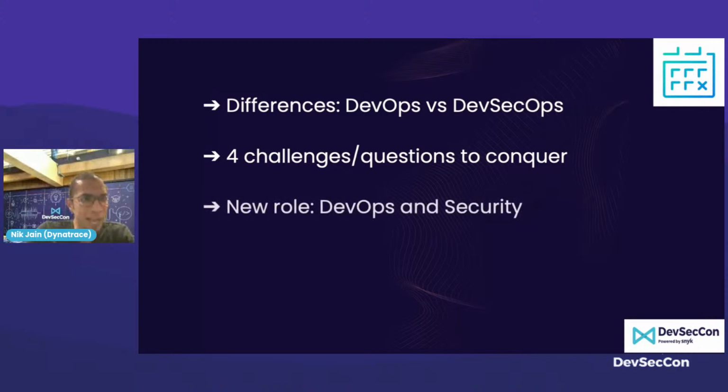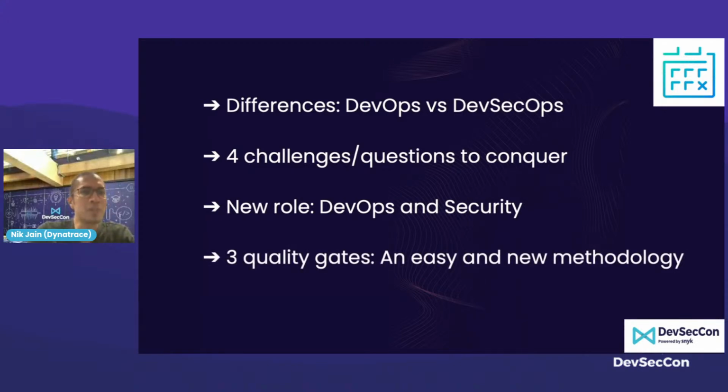We'll then talk about how those challenges result in the need for a new role for DevOps security teams and developers. And then we'll challenge ourselves with a brand new approach, which I refer to as the 3 quality gates. I like simplicity, so I think these quality gates actually represent an easy and new methodology in the way you approach DevSecOps. And lastly, as Steve pointed out, we'll also do a short demo.